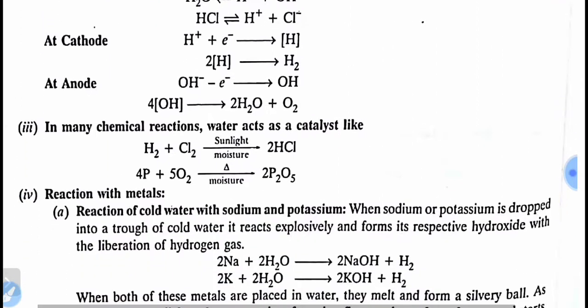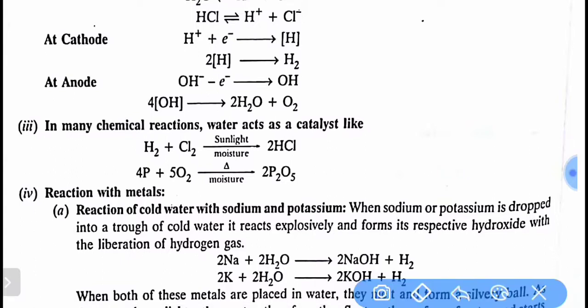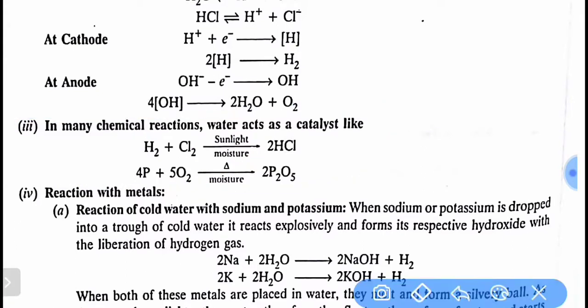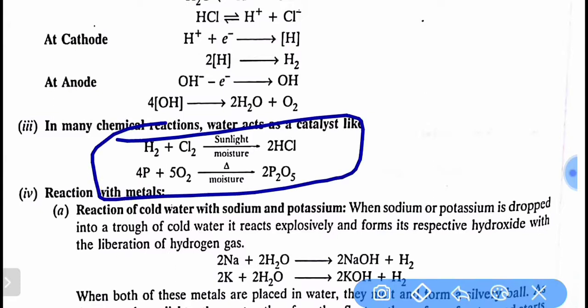Then the third property: in many chemical reactions water acts as a catalyst. Many times we discussed earlier that a catalyst increases the rate of reaction. So H2 plus Cl2 in sunlight, where moisture, that is water, is present, forms HCl.